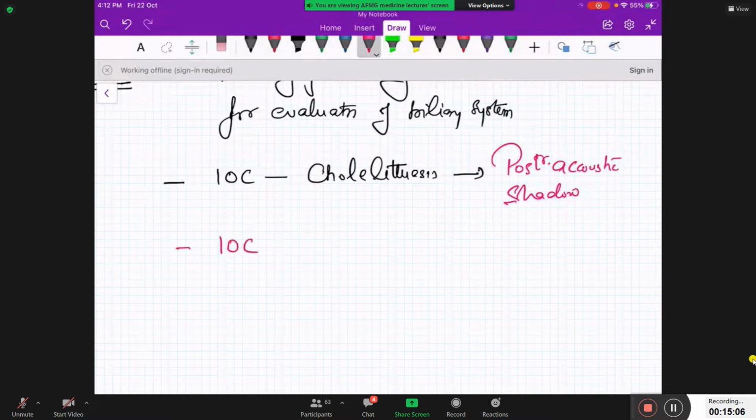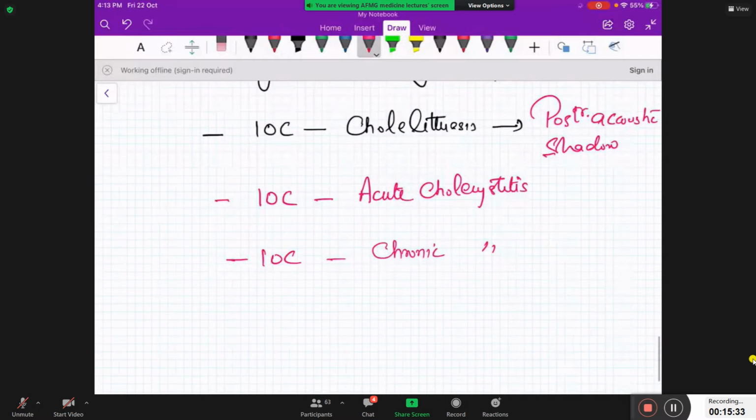Ultrasound is also the investigation of choice for acute cholecystitis. It is also the investigation of choice for chronic cholecystitis. Right?